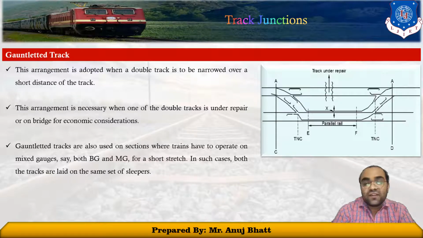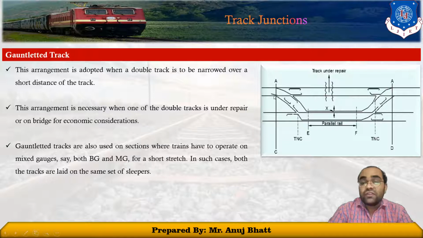Here you can see in this figure, when there is repair work taking place in the straight railway track, and for that reason, if this particular train which is moving in the first track has to change its way to the second track, and after some distance it has to again take the first track, at such locations we have to provide such type of gauntleted track.